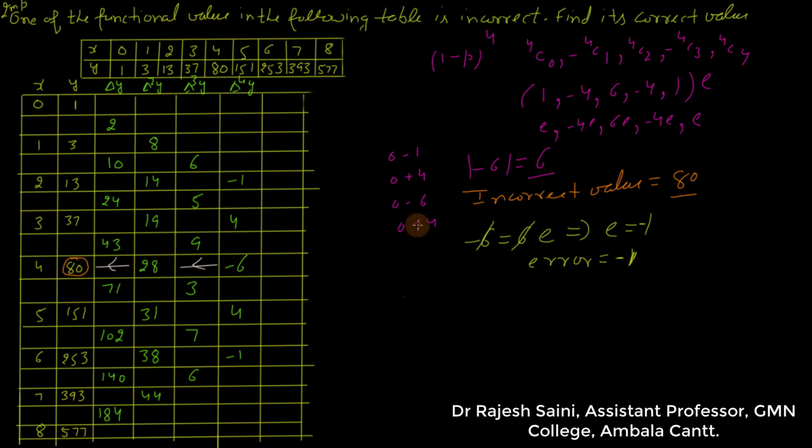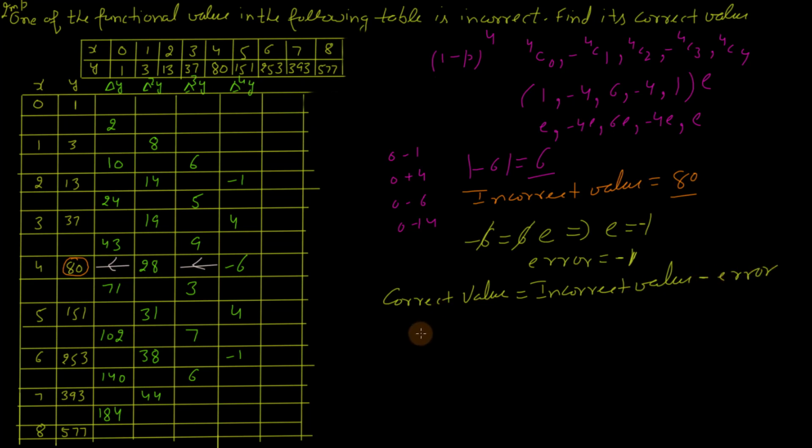We know that the correct value is equal to the incorrect value minus the error. So put in the values: the incorrect value is 80. Then you will write the error.